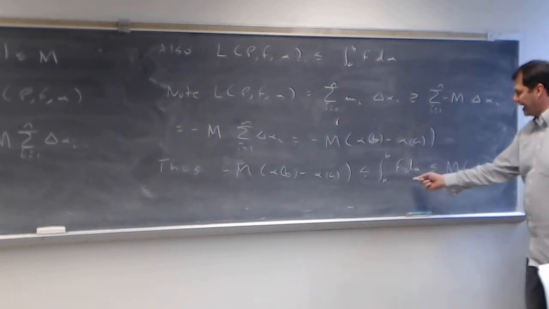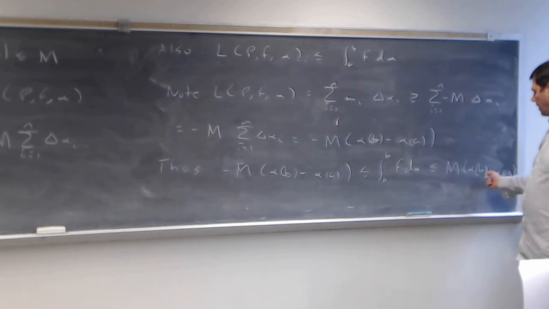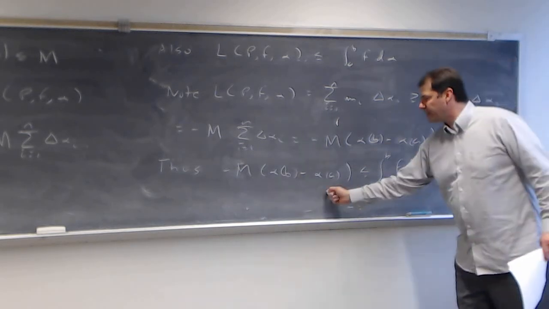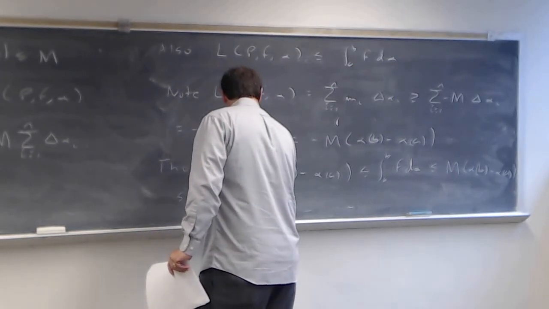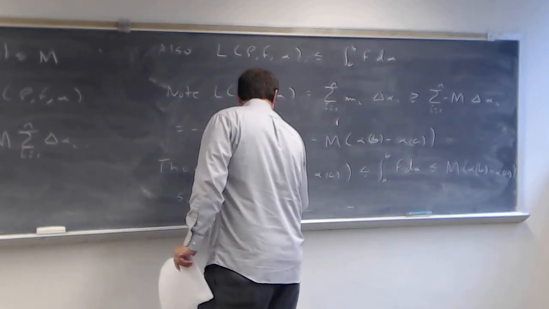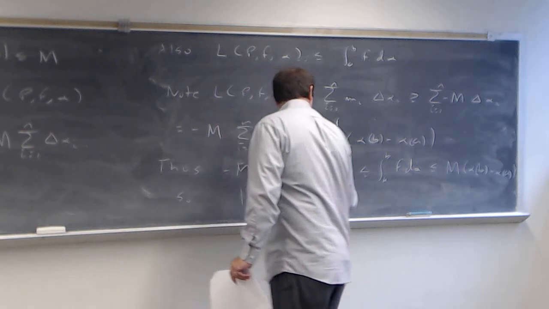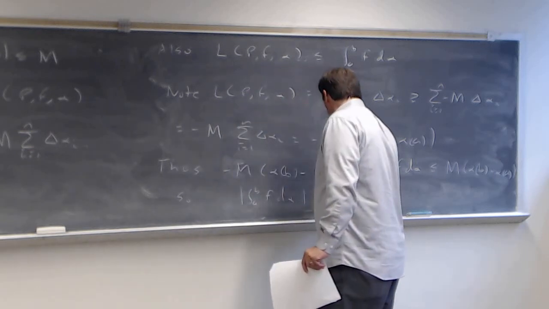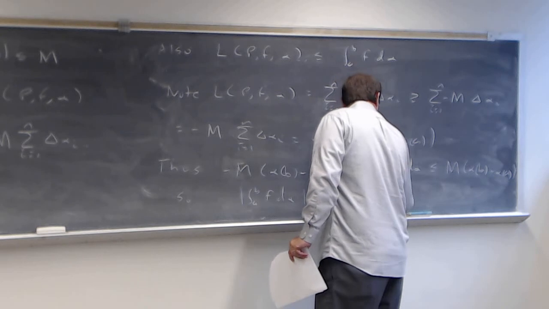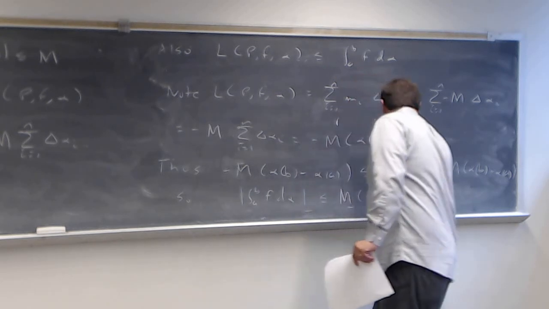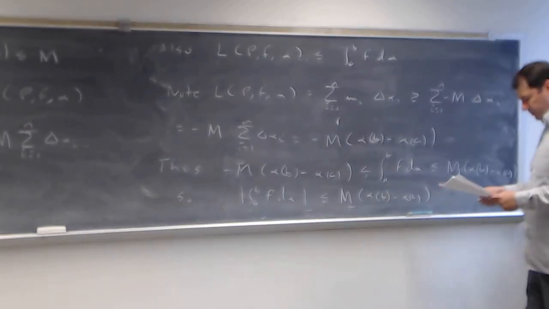And so when you have something sandwiched between a positive number and the negative of that same number, the absolute value of that middle quantity is less than or equal to M times alpha of b minus alpha of a. And that's what we wanted to prove.